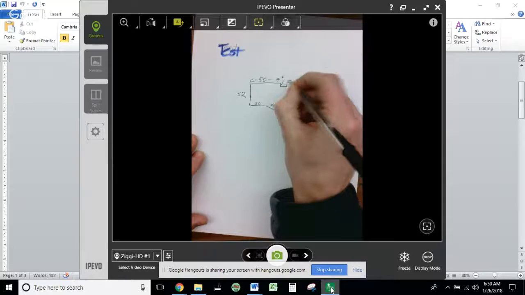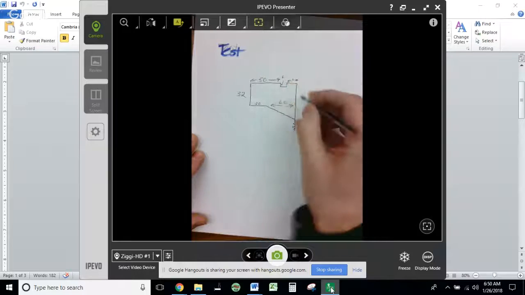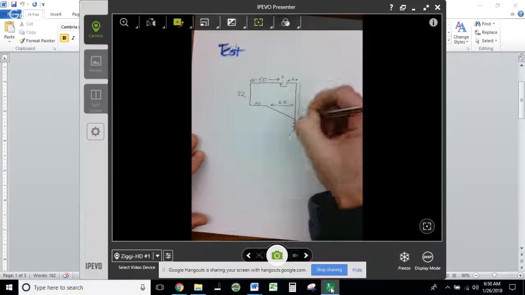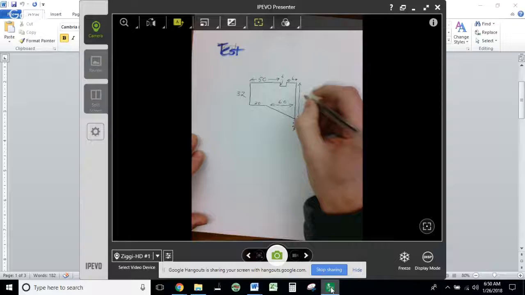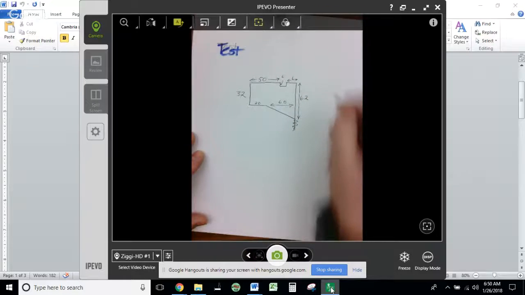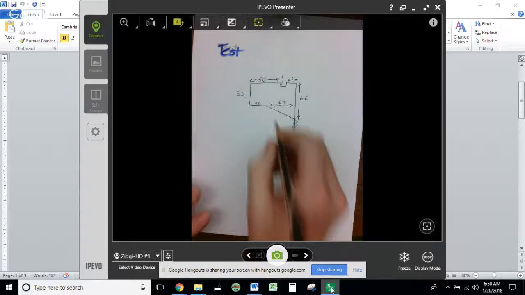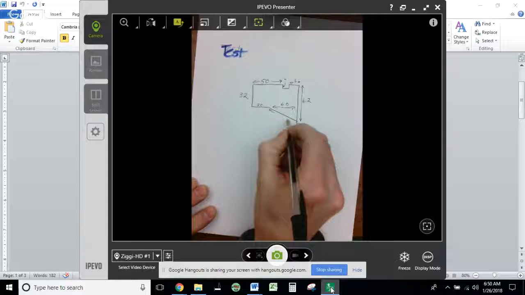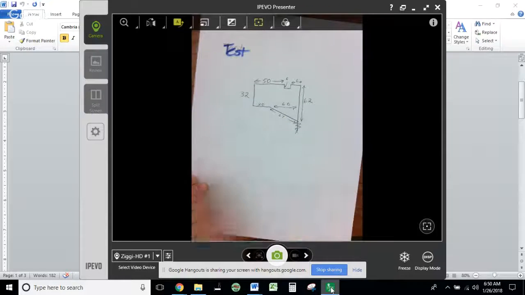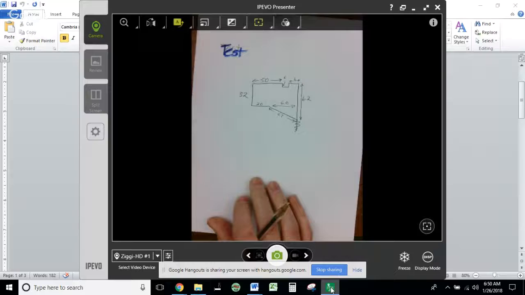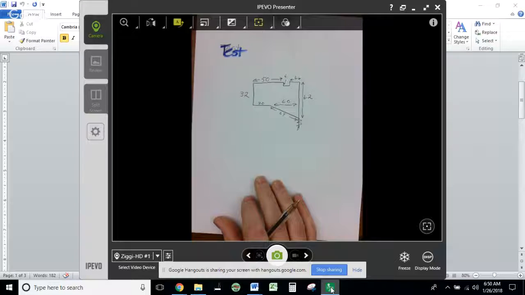And it makes you think as far as how do we break this down? Because you're going to have a problem where you're going to have to break down a complex shape into simpler shapes. Now this one in particular we've broken down a couple times. So let's go through it really quick.